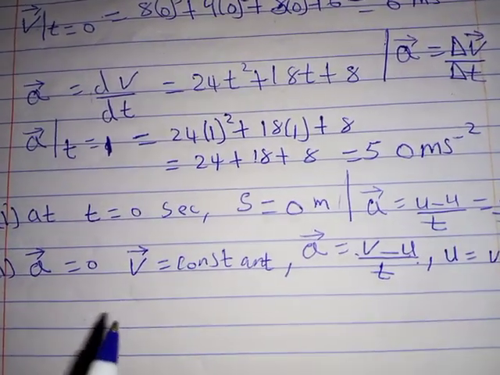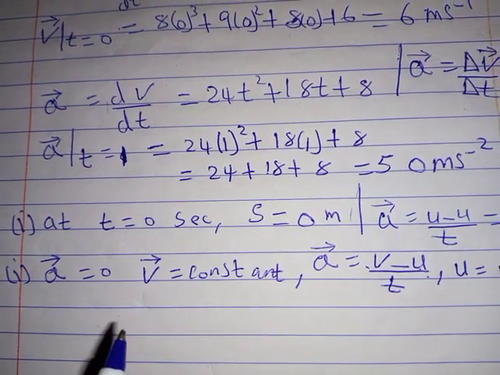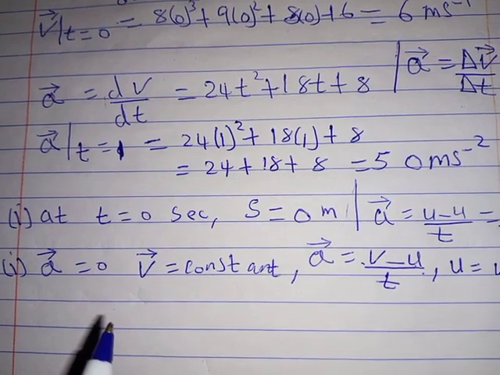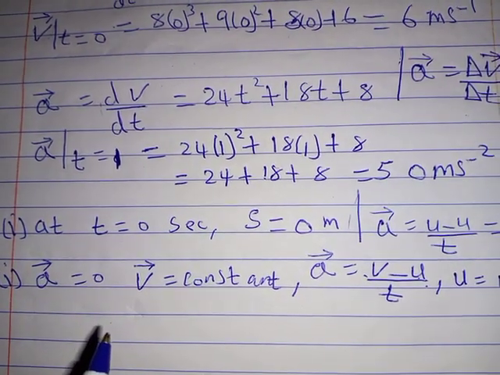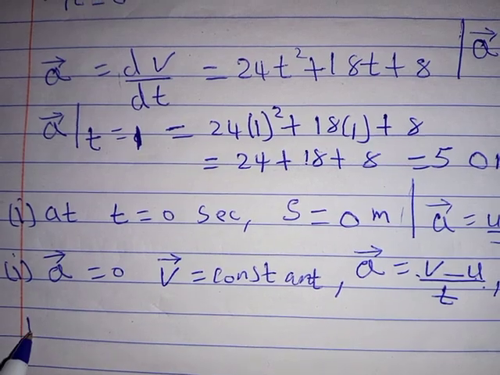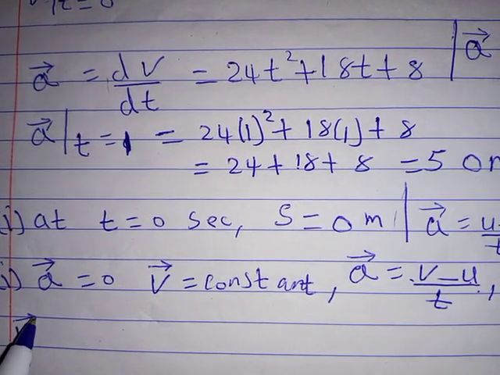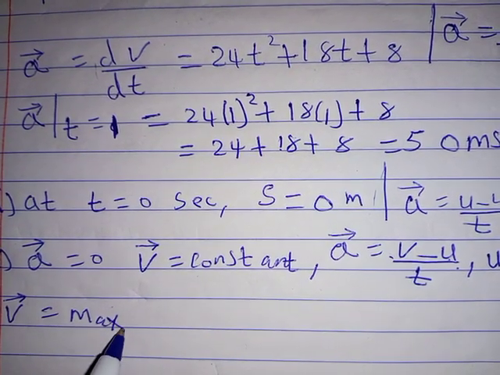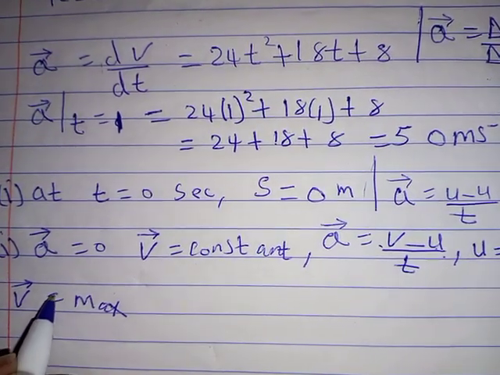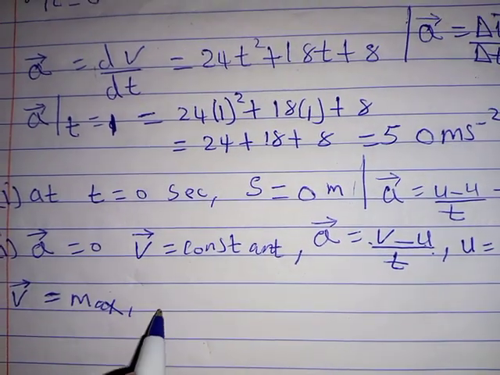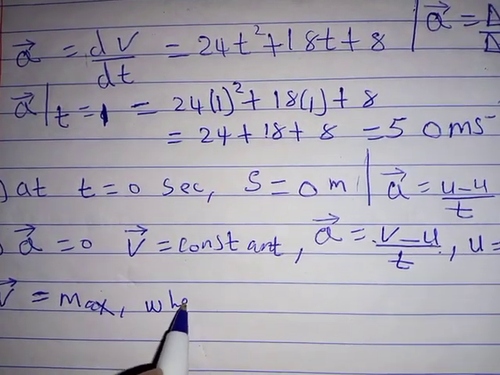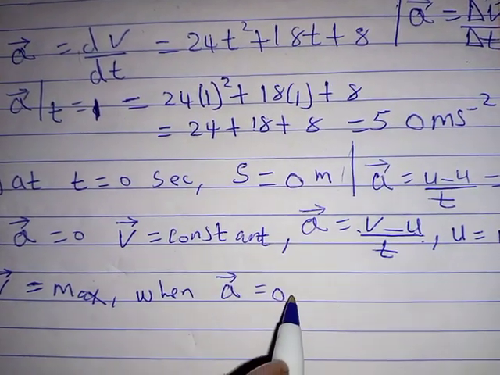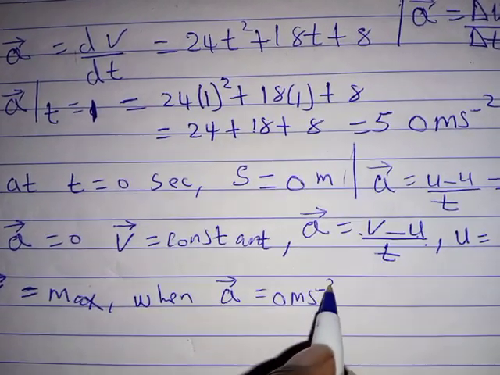So that point is important. Another note here we need to note is that velocity v is maximum when acceleration is 0 meters per square second.